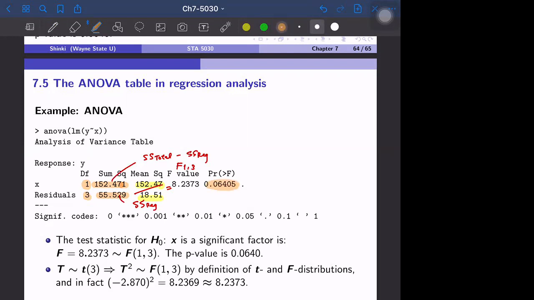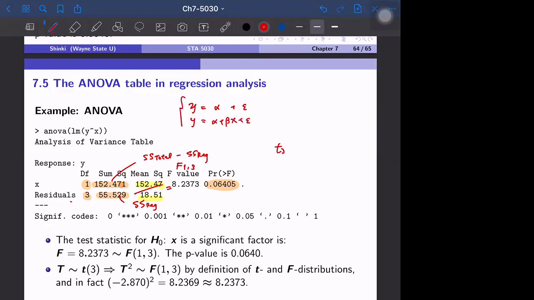Actually, this p-value is exactly the same as on the previous page. So basically, we do the same thing. On the last page, we directly tested the coefficient of x using the t distribution with df 3. Here, we compare the overall performance of the base model, y equals alpha plus epsilon, and the model y equals alpha plus beta x plus epsilon.